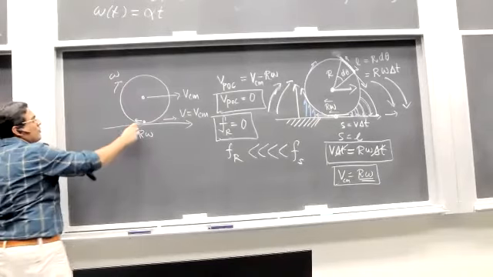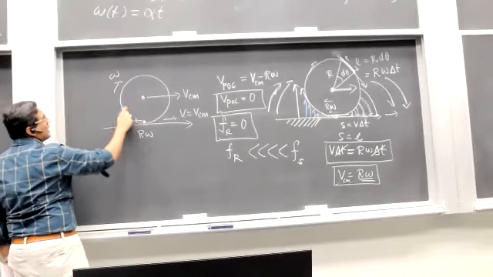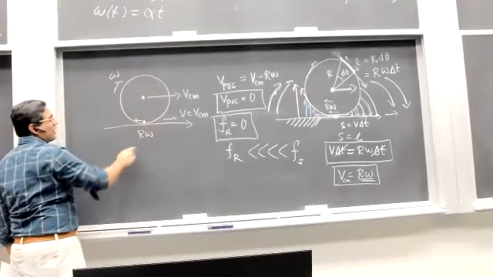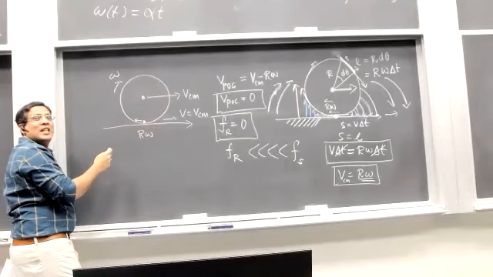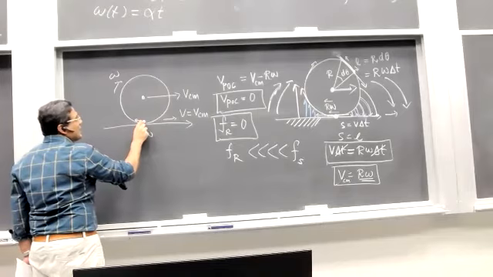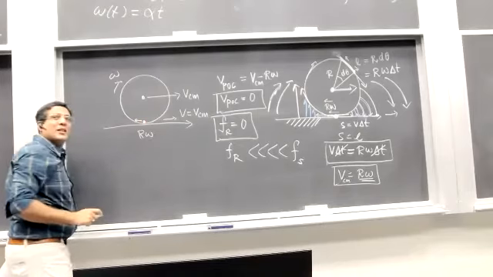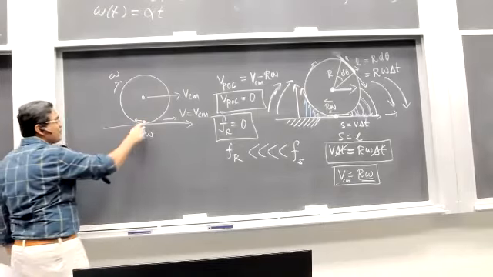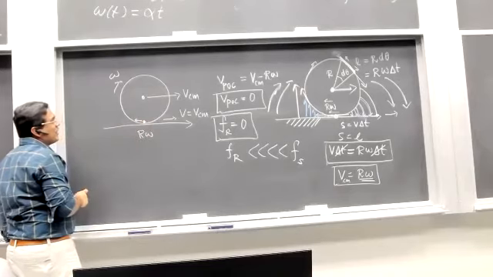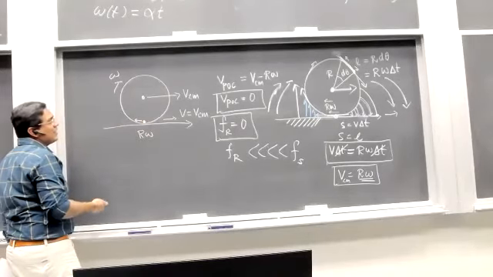Okay. But it's not totally free to go. I mean, it's tethered to the center of mass. It's a rigid object. So now, let's say that it is still not completely rolling, but still skidding and rolling.